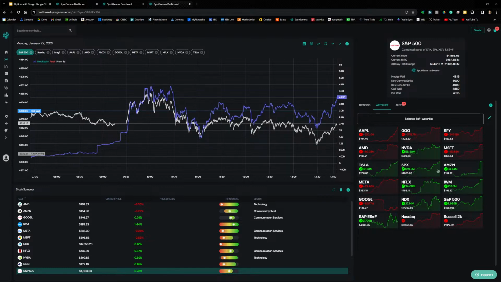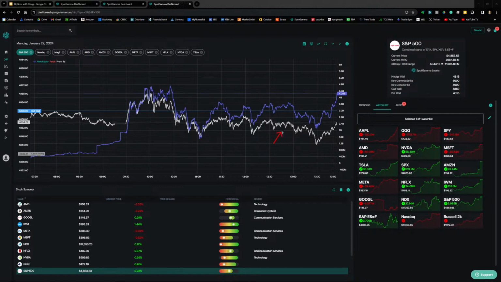So this is again real-time data showing price for SPX with a white line, and options trades and market maker hedging activity for a combined signal for SPX, SPY, XSP, and ES futures, all into one combined signal.